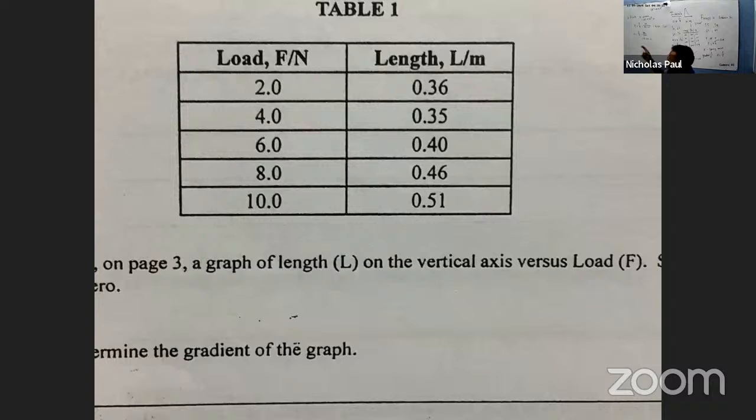Because as the force increases, the length should also increase. So most of that's a typo. Fix it quick and put 2.6 as the first one. Change the first one, right?